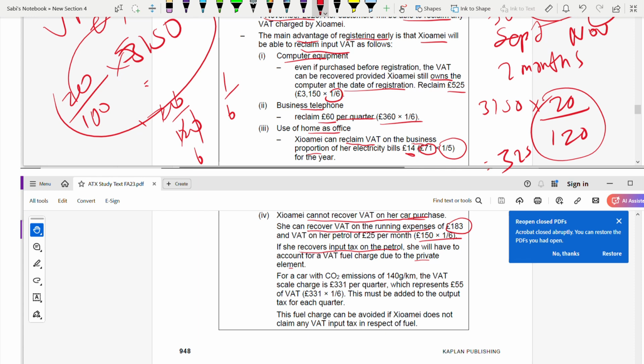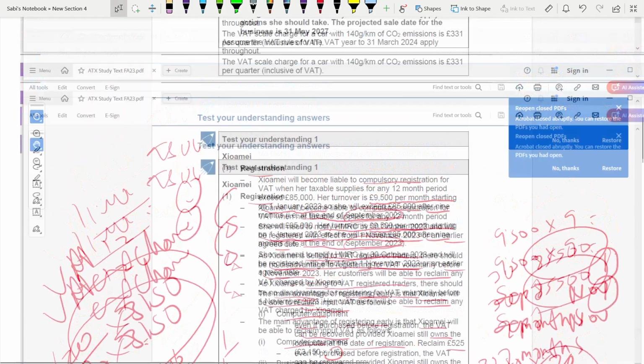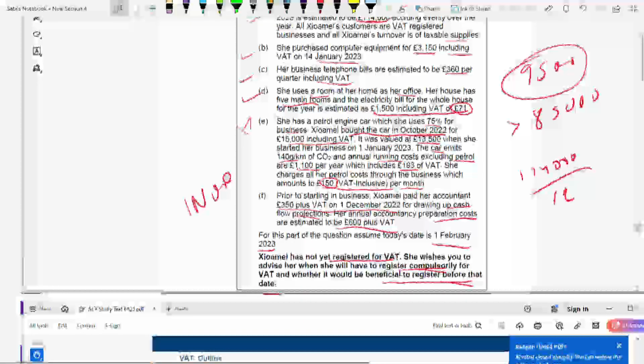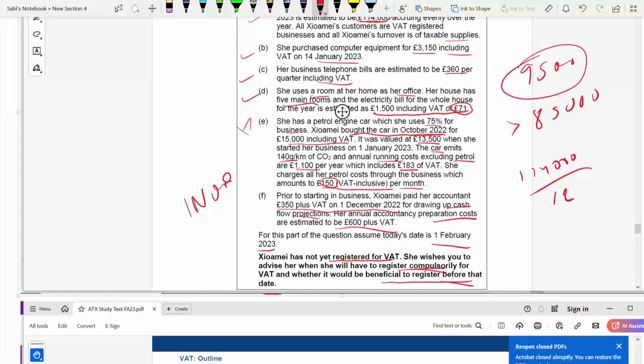So now, CO2 emission was 140. Scale charge is 331 per quarter. They have given you the scale charge. 143 is CO2 emission.